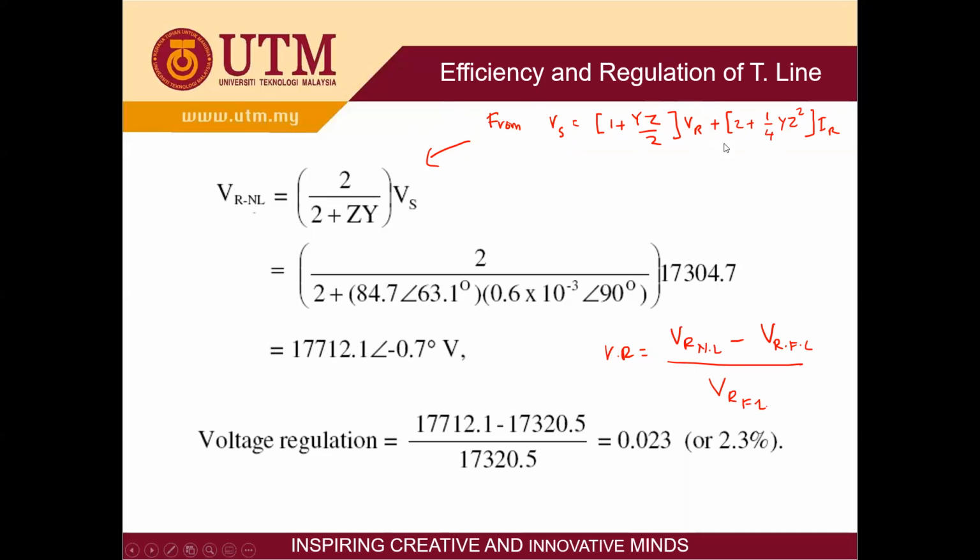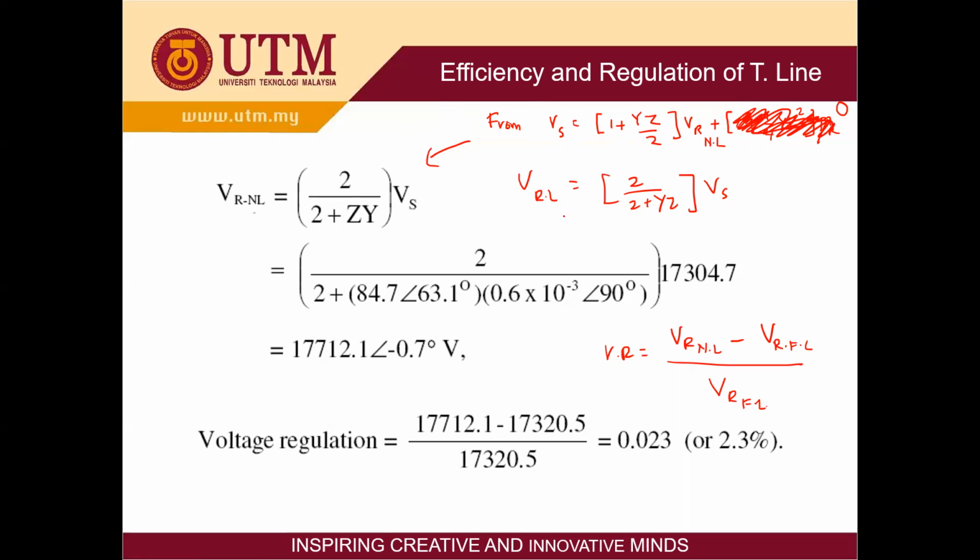From this one, for the no load case, IR is actually 0. So when IR is 0, this term does not exist, meaning that the voltage across the receiving end is right now your VR no load. By transferring this one, you will get 2 over 2 plus YZ multiplied by the V source.